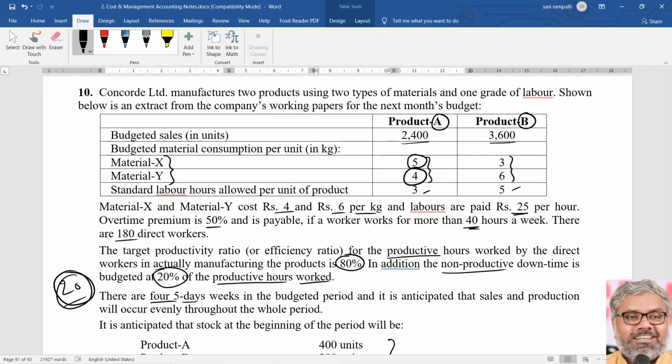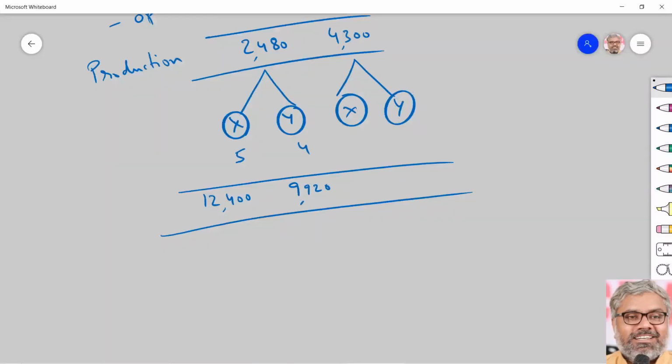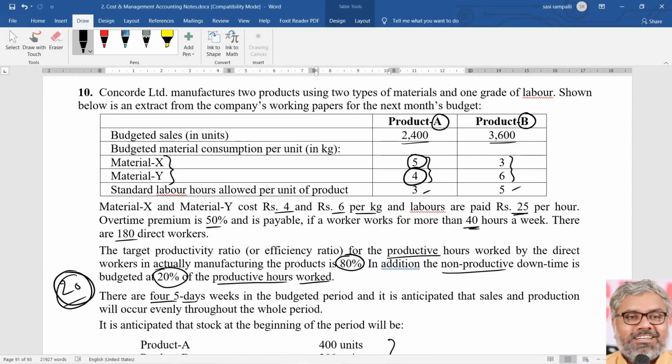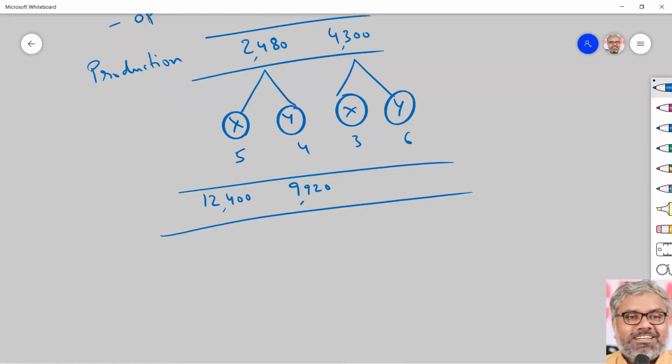Same way for product B, 3 and 6 for X and Y. So that's it, multiply. So 4,300 into 3, 12,900 kgs, and 4,300 into 6, 25,800 kgs. But on a whole, how much of X and Y are required?